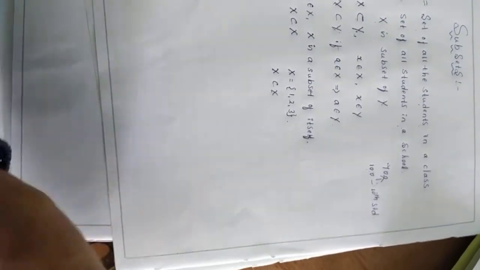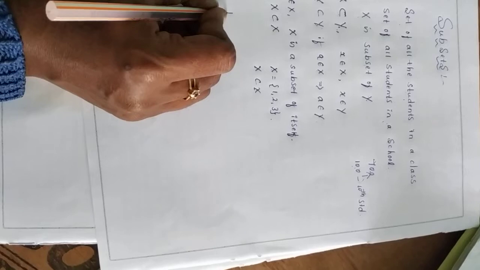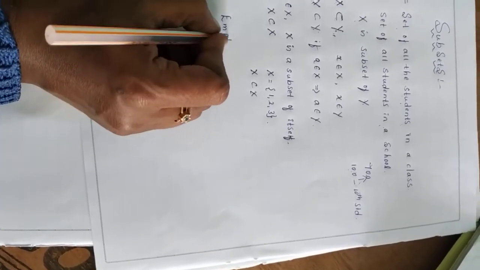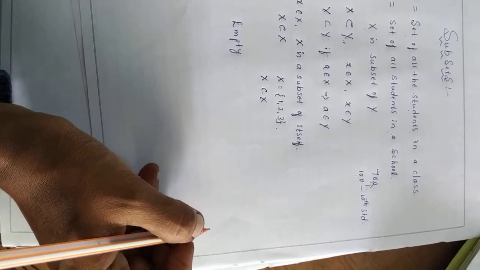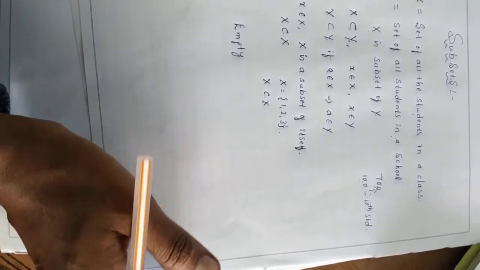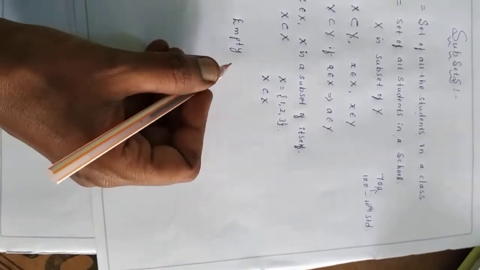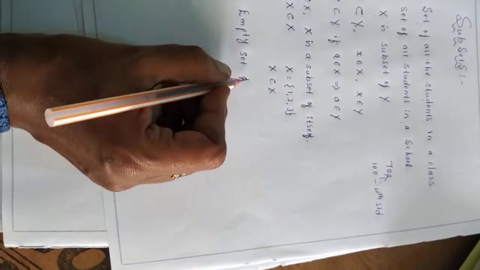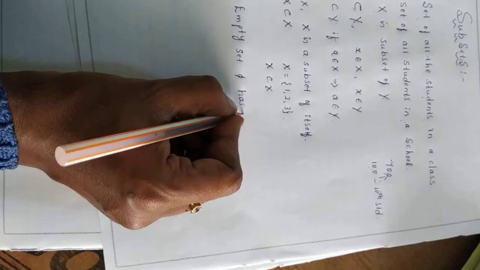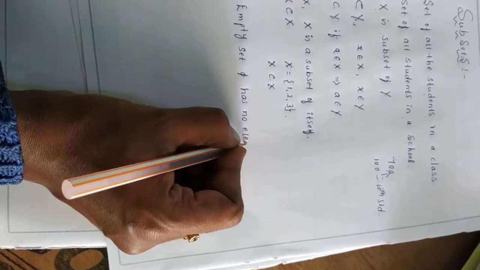Is it clear? As we know, a set which does not contain any element is called the empty set, and it is denoted by phi. Empty set phi has no elements.